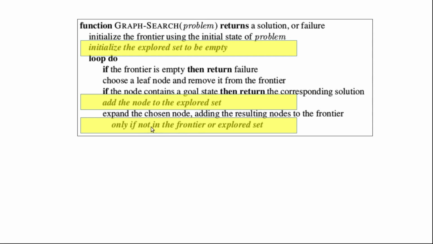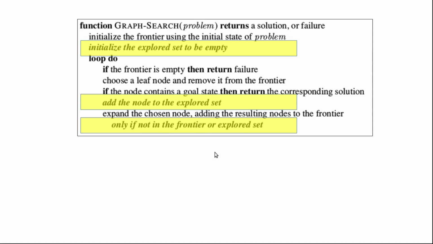So only if not in the frontier or explored set, then only the new resulting nodes will be added to the frontier. So not only the explored set, we'll also check in the frontier. And this algorithm is our graph search.